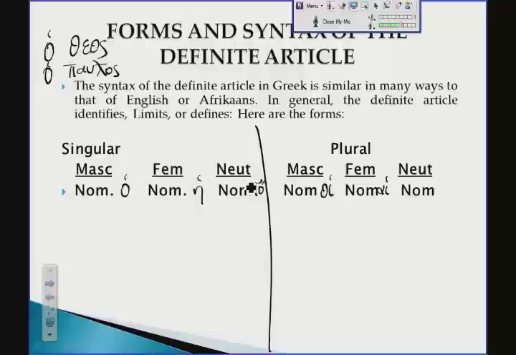And then in the plural, like to teknon, singular, in plural, ta tekna. Yeah, that's why you have ta tekna, to teknon. This is only the nominatives. Okay? This is only the nominative.